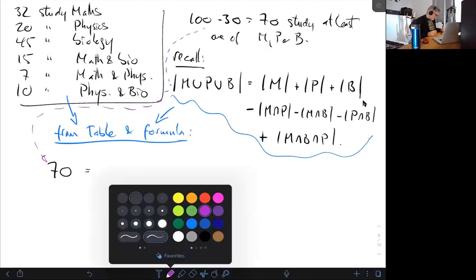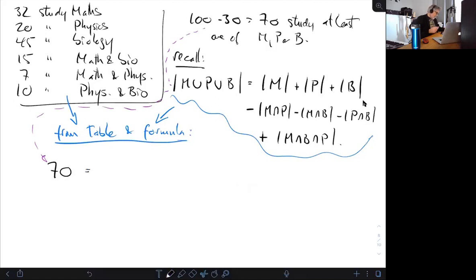How many study math? I'm told it's 32. How many study physics? I'm told it's 20. How many study bio? It's 45. Then I remove those doing math and physics. That's 7. Math and bio, that's 15.